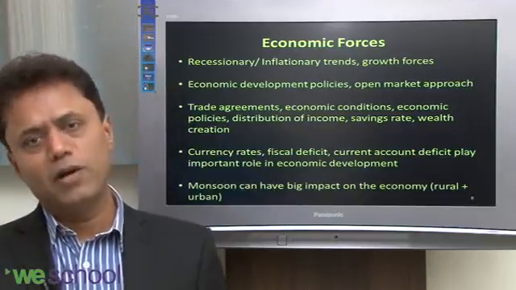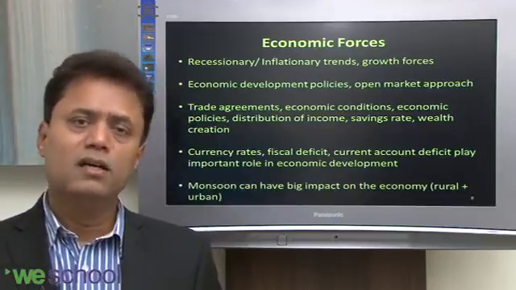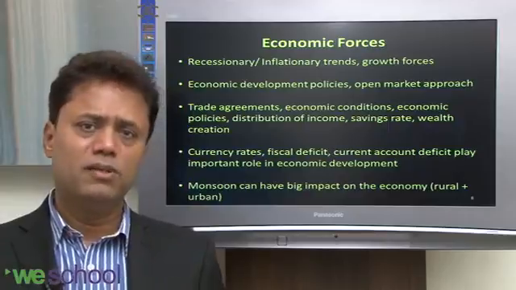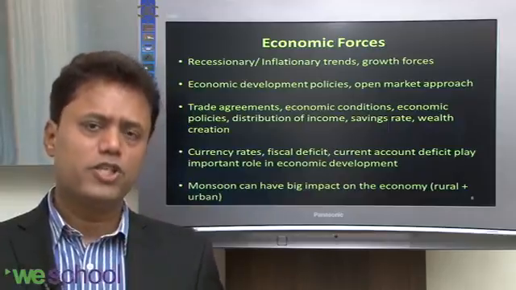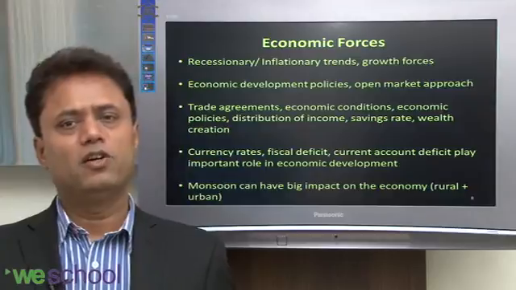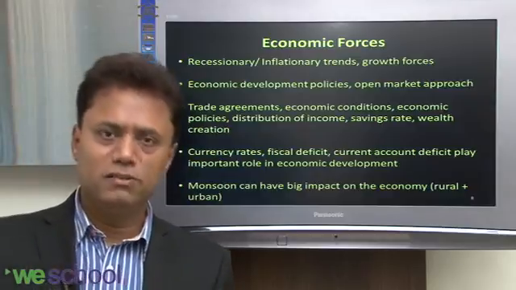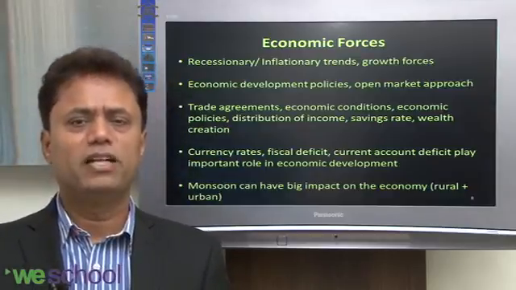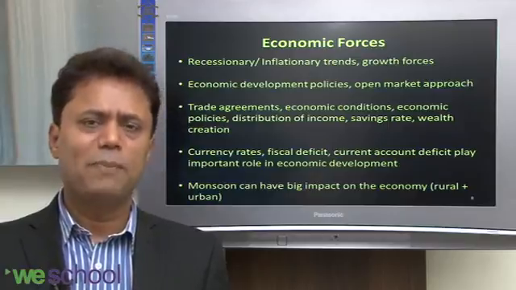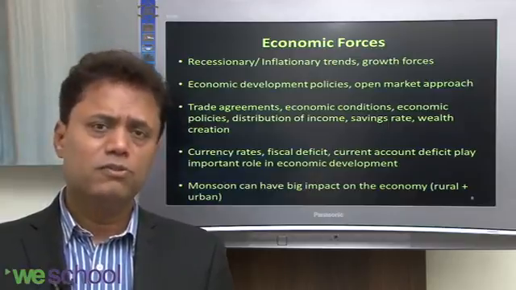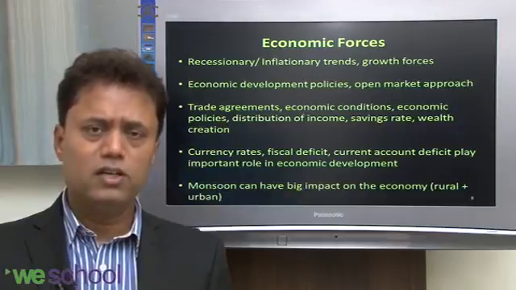If monsoon goes above average and then it hits a breakout, which is a flood situation, then again it will impact the economy, because flood relief and evacuating people from flood-hit areas all happen together, and it's going to cost a lot of money for the government.